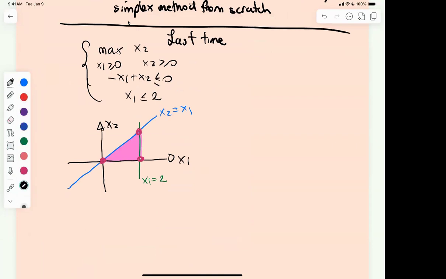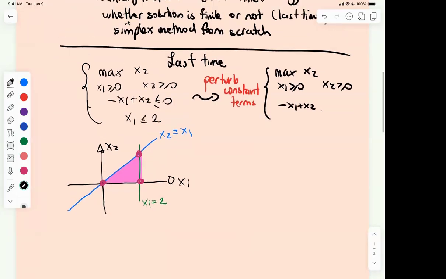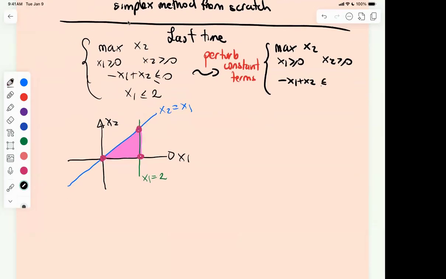And the idea is that you perturb the constant terms in the inequalities, meaning you change the value of each constant by a small positive amount.